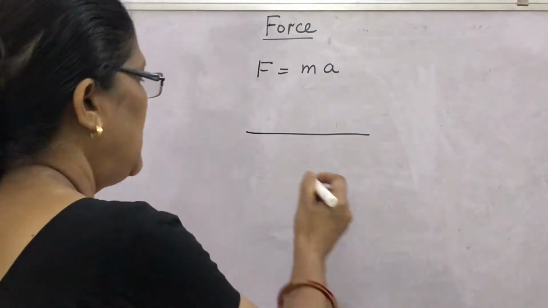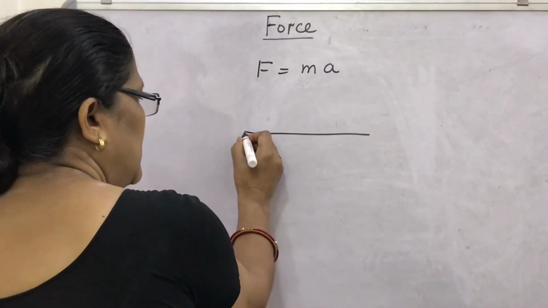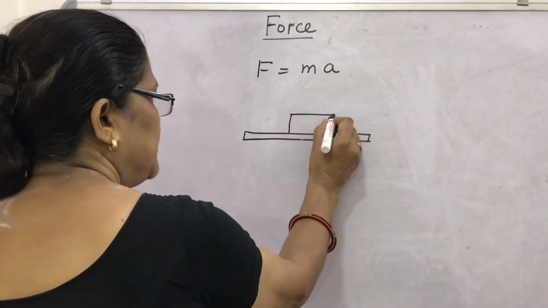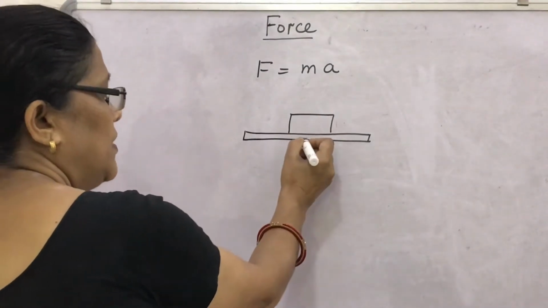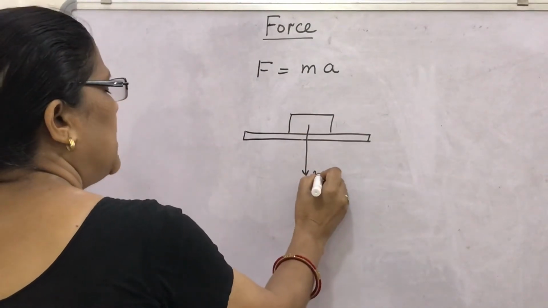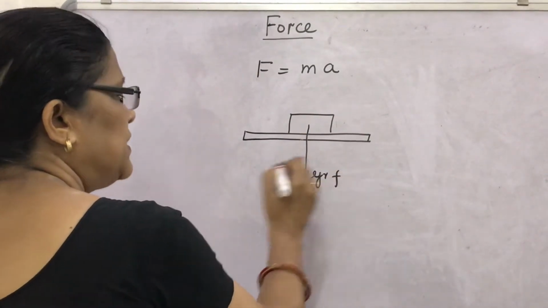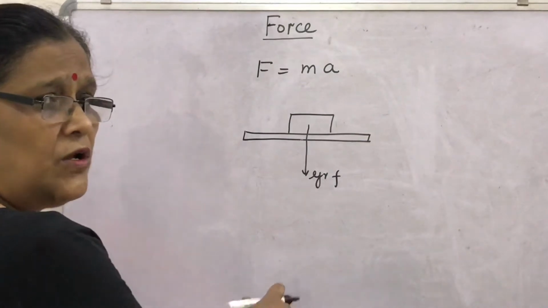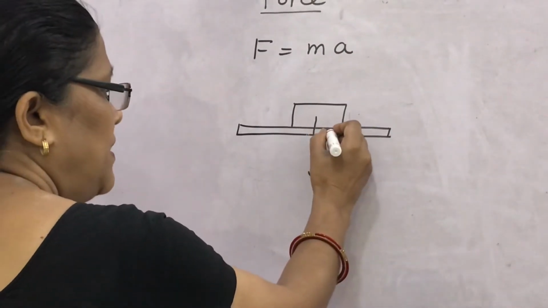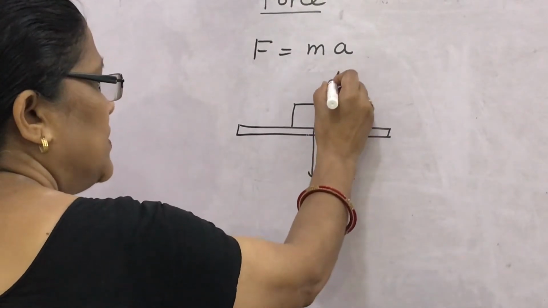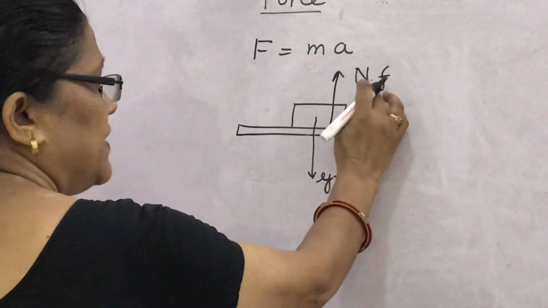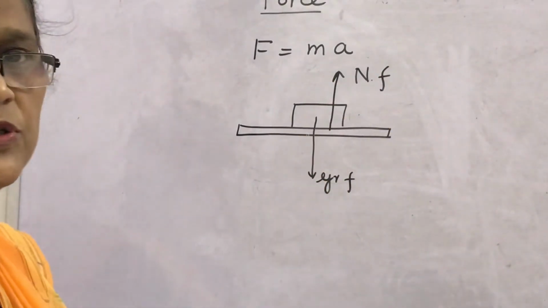Look here, on the top of a table, suppose there is a box. The gravitational pull of earth on the box, I will show by the gravitational force acting downward. Who is applying it? Earth. And the table is applying a force on the box vertically upward. I am writing it as the normal force.